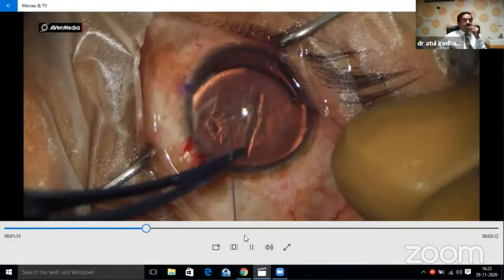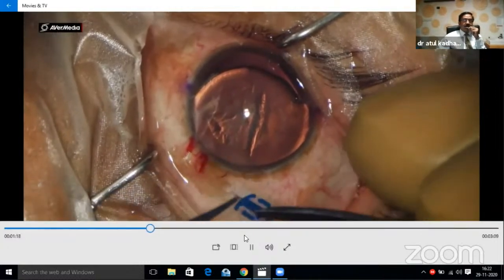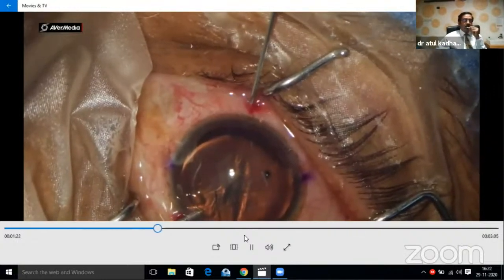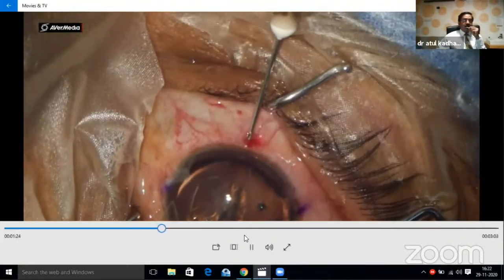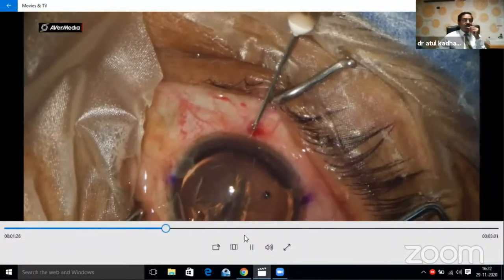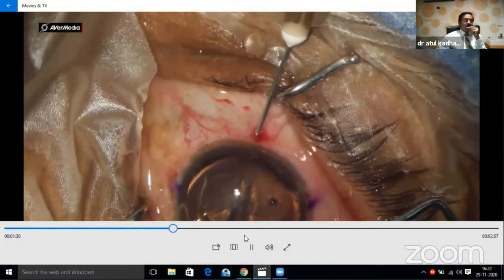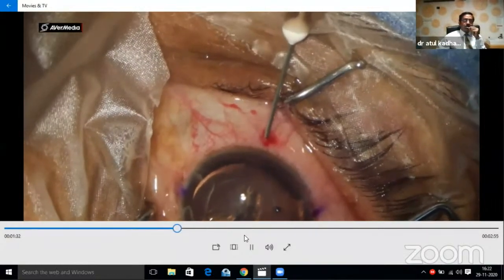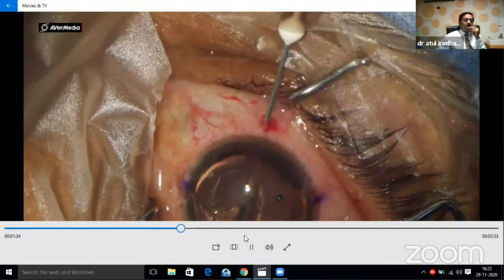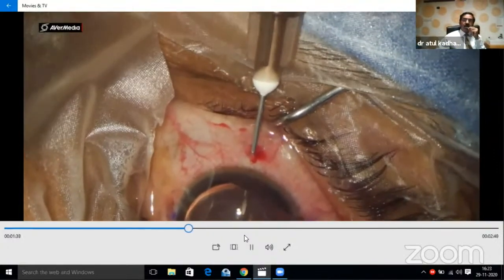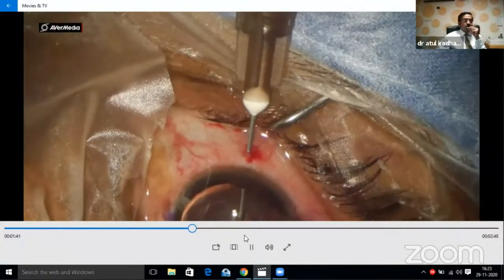Now, once the Prolene suture needle is out, I'm threading it through the central hole of the central rod. Then the Prolene needle is again taken back through the sclera at the same site with the help of a 26 gauge needle. The two lateral arms of the implant are designed to reach the lens equator and provide segmental equatorial support. The anterior rod is sutured to the scleral wall using a non-absorbable suture, like in this case, a Prolene.